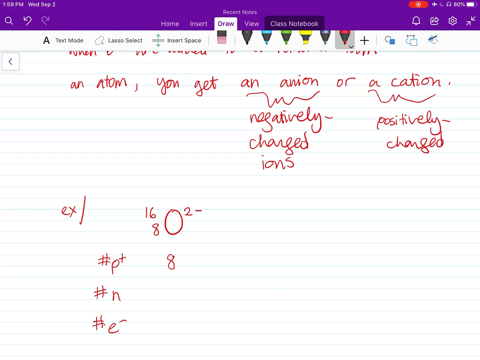The number of neutrons is going to be the top number minus the bottom number, which also gives us 8, coincidentally. Now, the number of electrons. If this were a neutral atom, we would have 8 electrons to balance out the 8 protons, right? But it's not neutral. It has a charge of 2 minus. That means that it has gained 2 electrons relative to the fixed number of protons. So the number of electrons must be 10 to account for the 2 minus charge.